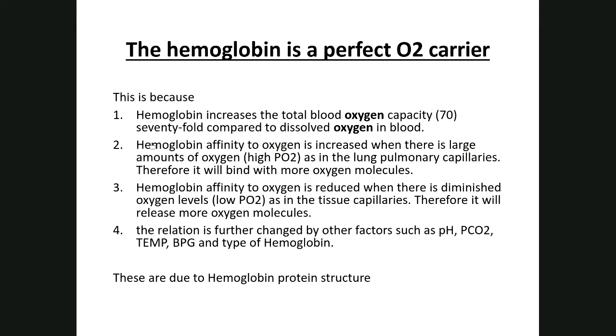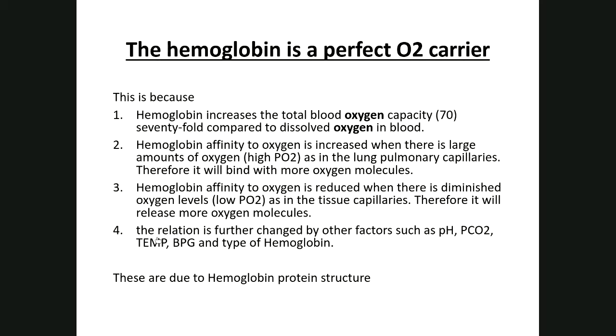When hemoglobin is at the tissue level, where PO2 is low, it will tend to release more oxygen. Its affinity will decrease. So it will take oxygen when PO2 is very high, and give oxygen when it is very low. This is the characteristic of hemoglobin that is perfect for its function. In addition, the affinity of hemoglobin can also change with other factors such as pH, PCO2, and temperature. This is important, for example, when we are exercising.